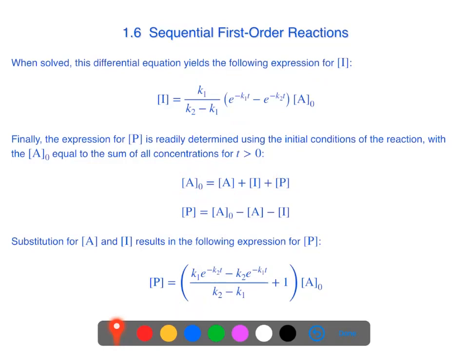And again, this is in terms of both the rate constants K1 and K2. There's exponential terms as well. But more importantly, or as important, we see that it is expressed with respect to that initial concentration of A. Okay, so this can now be described in a graphical form on the next slide.